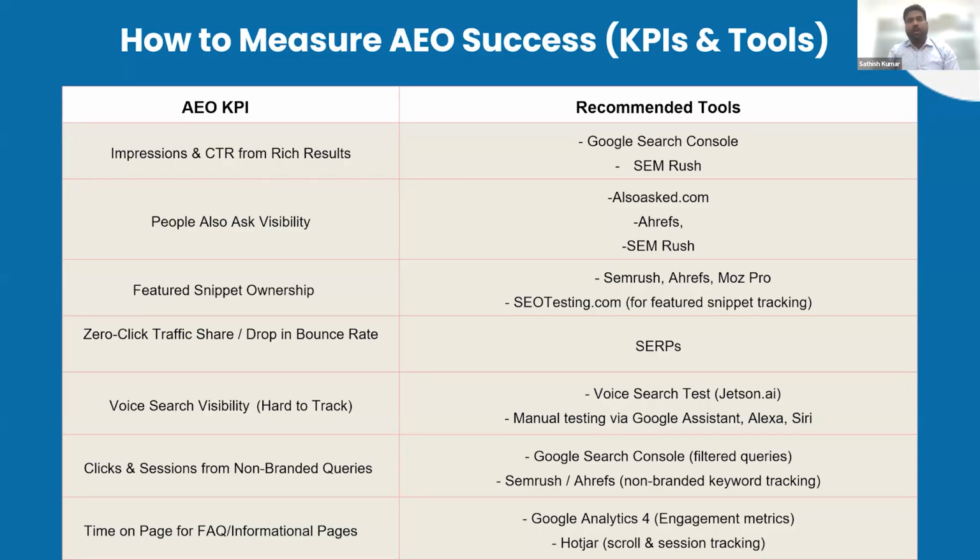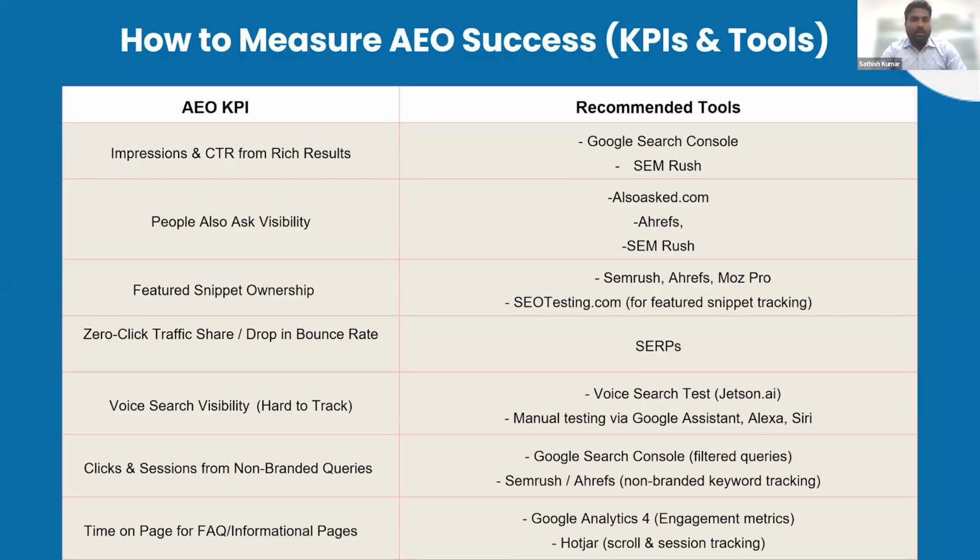You can also see People Also Ask visibility, basically for how many questions you are dominating on Google search, I mean the AEO search engines. You can literally see how many questions you are getting at the top, and find this through ask.com, Ahrefs or SEMrush. For how many questions your responses are coming, you can measure that.